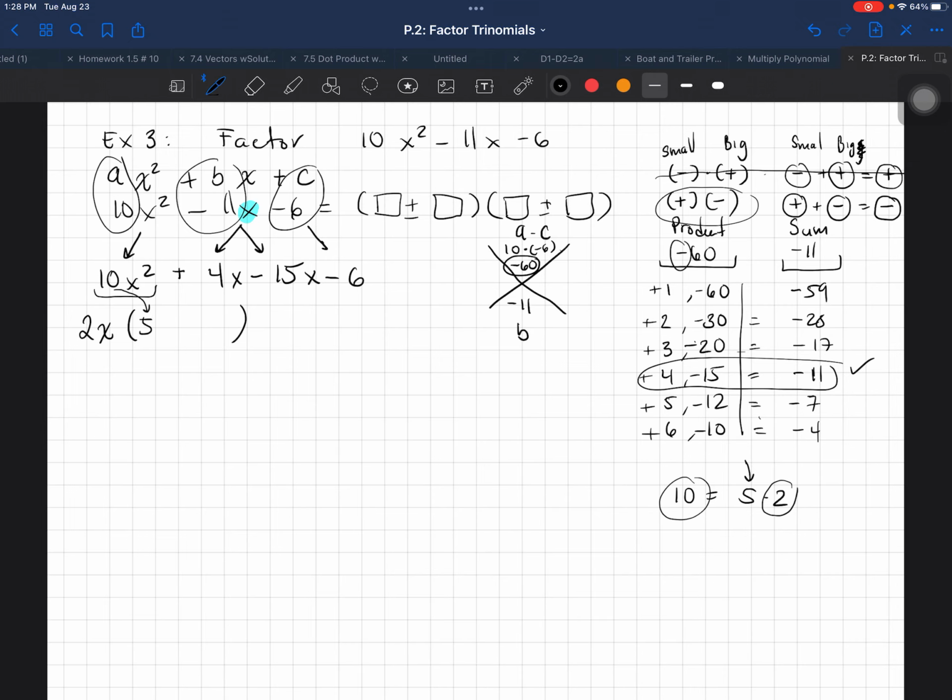The other factor, right? Visualize this as 5 times 2, and you factor this 2 out, what's left behind? The 5. So 5 is left behind. This is the same thing, x times x, it's x squared. If you factor one of the x's, then what's left behind? The other x, followed by the plus.